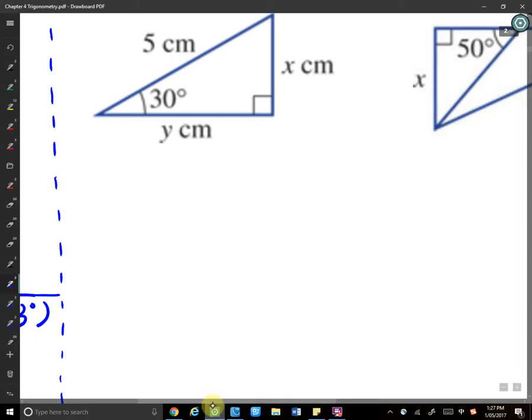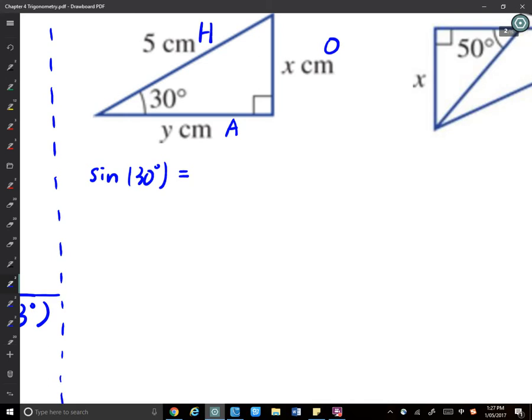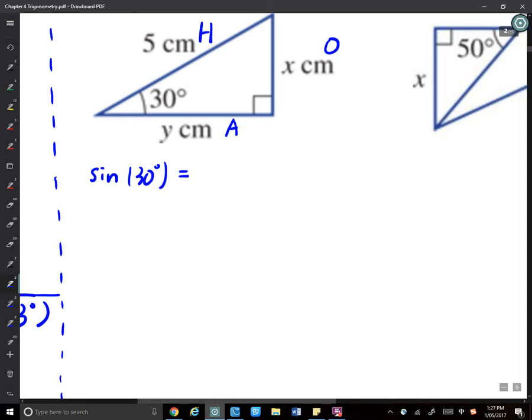So let's do sine 30. That's opposite, that's adjacent, that's hypotenuse. So sine 30 is opposite over hypotenuse. So it's x over 5. So x will equal 5 times sine 30.